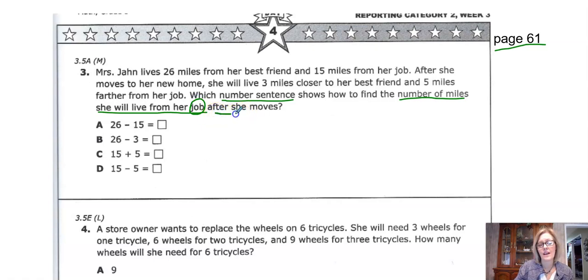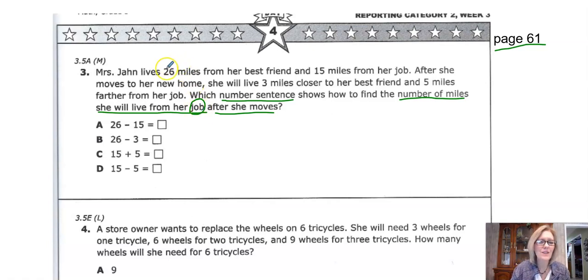Okay, so that's after she moves. So, do I need the information, every piece, every number up here? Well, obviously not, because none of these number sentences has every number from up here. So I have to think through, okay? I know that she lives 26 miles from her best friend, but do we care about that in our final answer? We only want to know about the miles from her job.